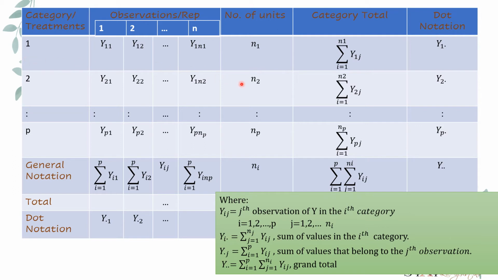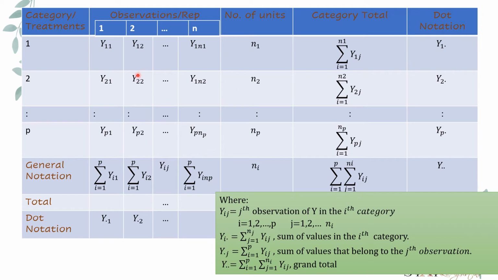So whenever I say n2, what is n2? You will say the number of units in category or treatment 2. This is how you read n1 and n2. Take note of the subscript, because the subscript signifies the category or your treatments.